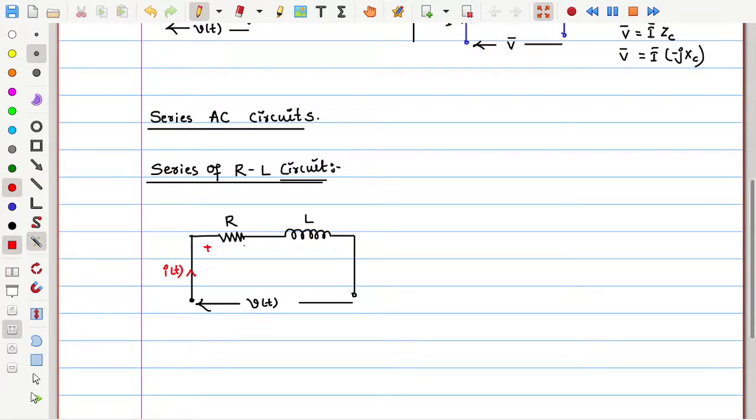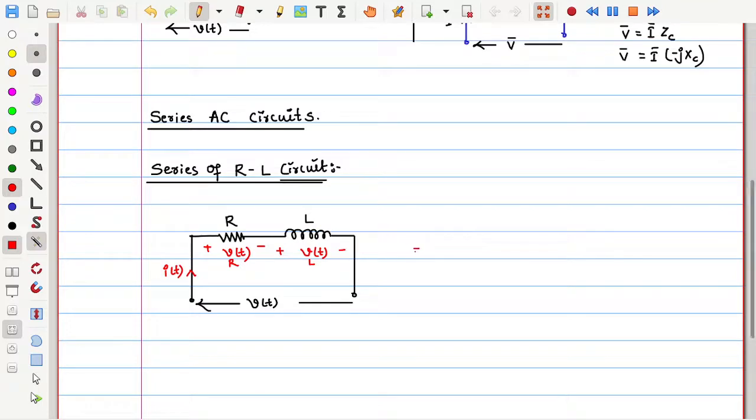The voltage across the resistor is V suffix R, meaning resistor voltage, and similarly the voltage across the inductor is V suffix L of t. So this is in the time domain.